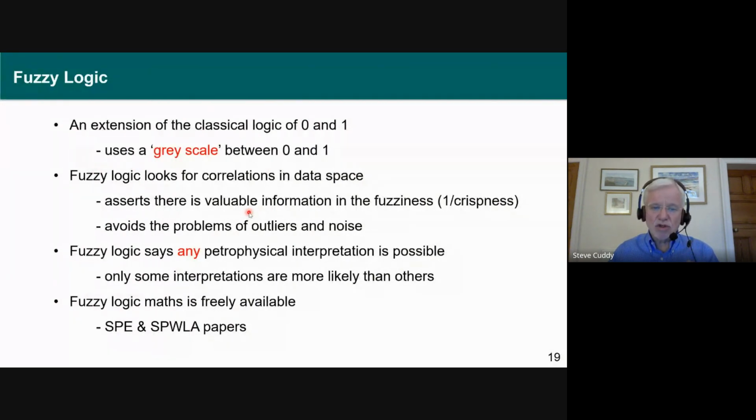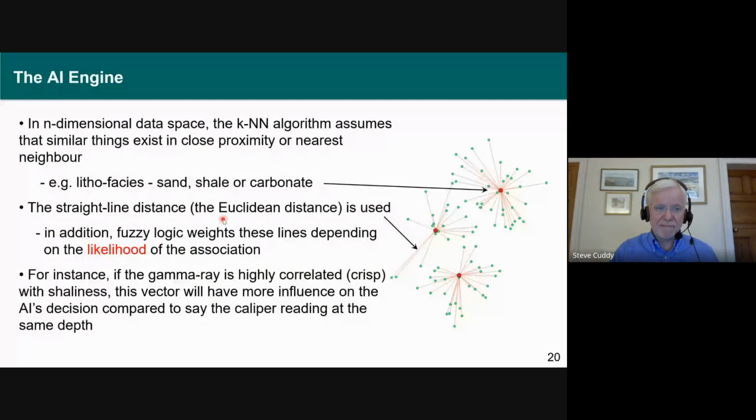And this, I will show you, avoids the problems of outliers and noise. Fuzzy logic asserts that any petrophysical interpretation is possible. It could be a shale, it could be a sand, but with careful analysis, some interpretations are more likely than others. The logic behind fuzzy logic is freely available, and I'm happy to give free consultancy on fuzzy logic.